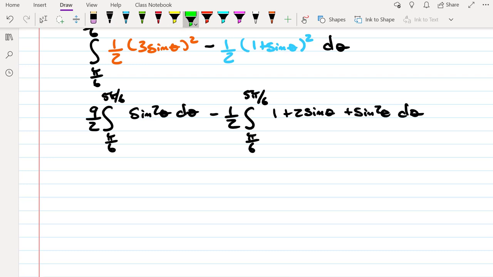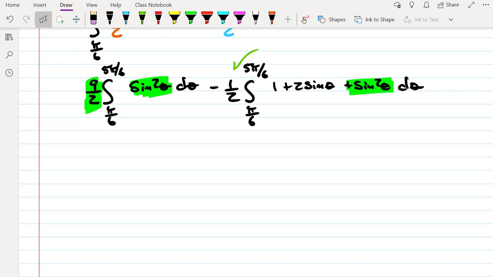So one thing we will notice is I have a sine squared theta here and a sine squared theta here. So if I wanted to combine these two things together, I have a 9/2 here, and this guy would have a 1/2 here. So 9/2 take away 1/2 would be 8/2, which would be 4 of those.